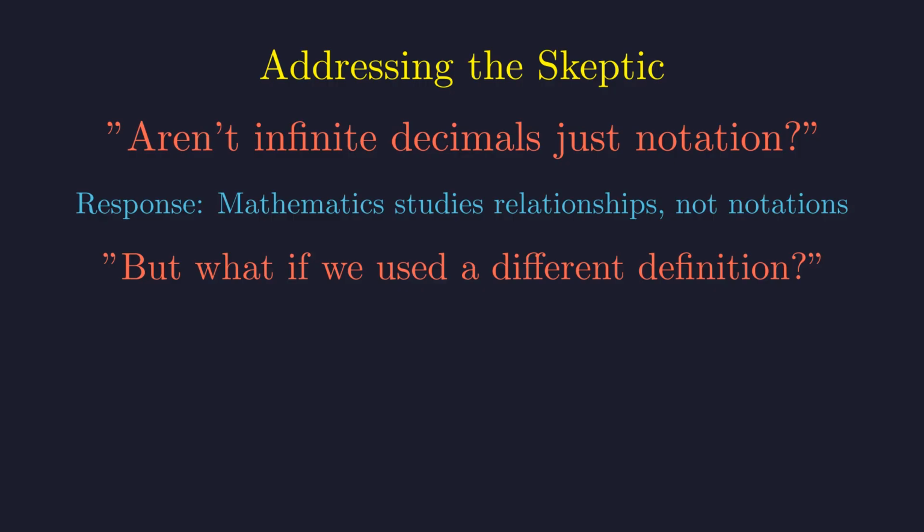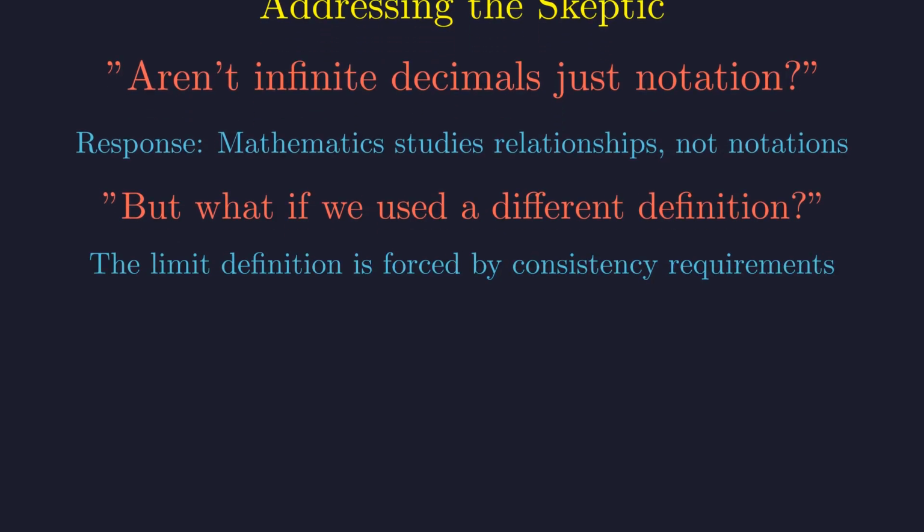The answer is that our definition isn't arbitrary. It's the unique way to extend finite decimal arithmetic to infinite cases while preserving all the algebraic properties we expect. If we want infinite decimals to behave like finite ones, if we want 0.5 plus 0.5 to equal 1.0, for example, then the limit definition is forced upon us by consistency requirements. What's beautiful about these multiple proofs is that they each illuminate different aspects of what's really happening here.